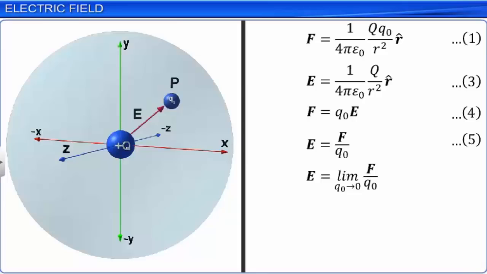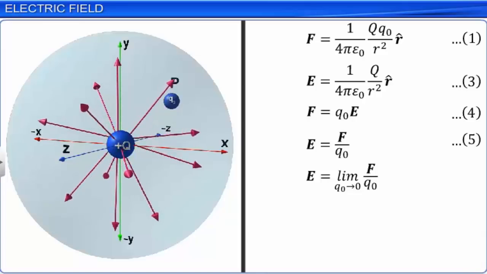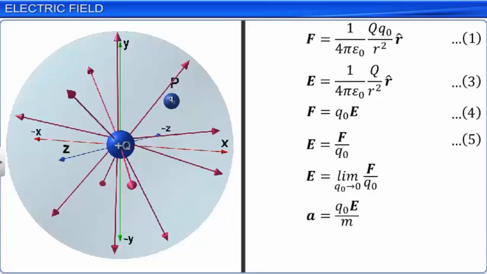In the electric field of a positively charged particle, the electric field strength vector E at any point in the field always points away from the charged particle in a radially outward direction. The point charge Q0 will be accelerated in the direction of the electric field as it experiences an acceleration A due to the force due to the electric field, and the acceleration is expressed as A is equal to Q0 E by m, where m is the mass of the particle.